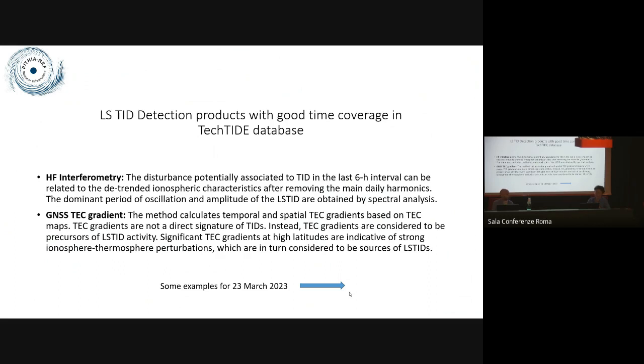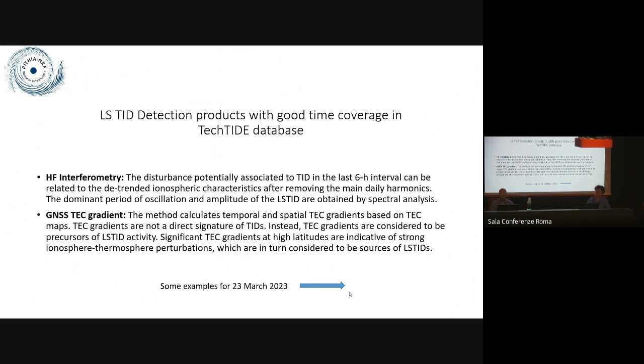complete results. The HF interferometry provides the disturbance potentially associated with TID in the last 6 hours interval, and a detrend is applied over the ionospheric characteristics, and the mean daily harmonics are removed.